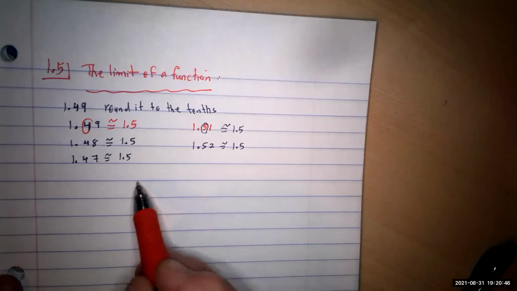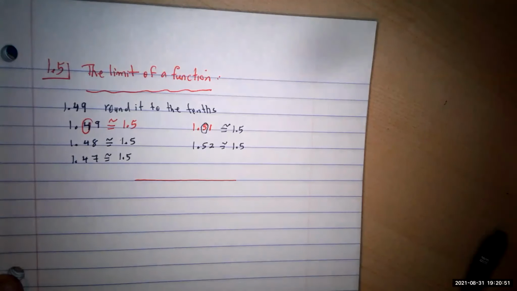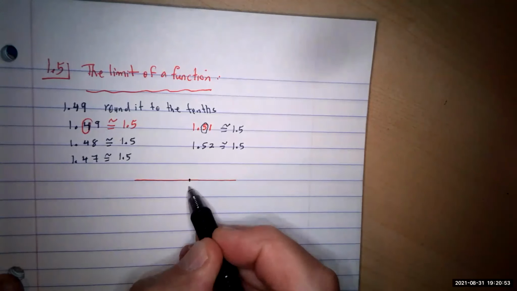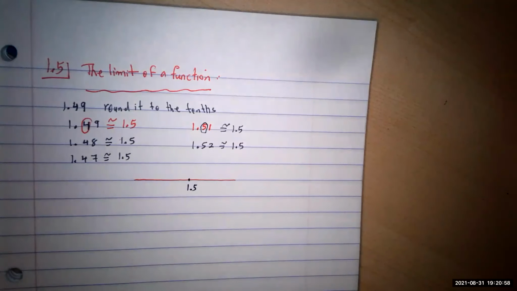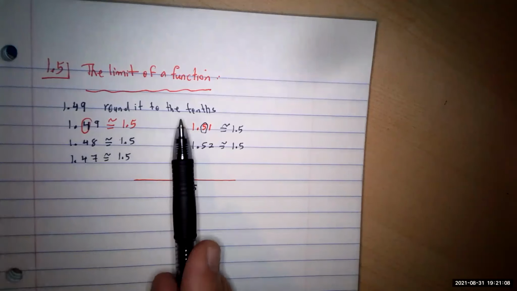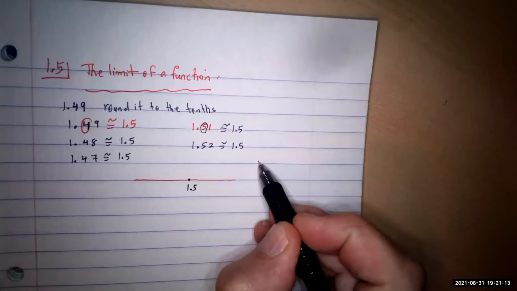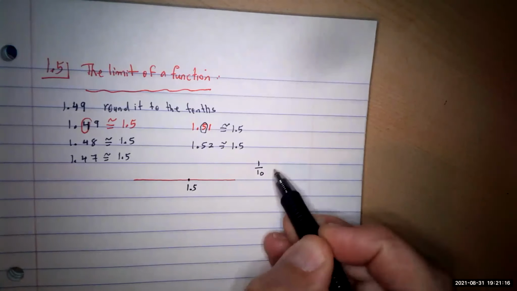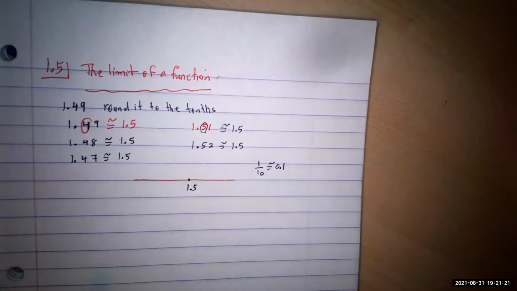If you put it on the number line, this is the point 1.5 that we talk about. When we say you round it to the tenth place, this means you can go to the right or to the left, but the difference between these estimations must be at most 1/10, which is 0.1.